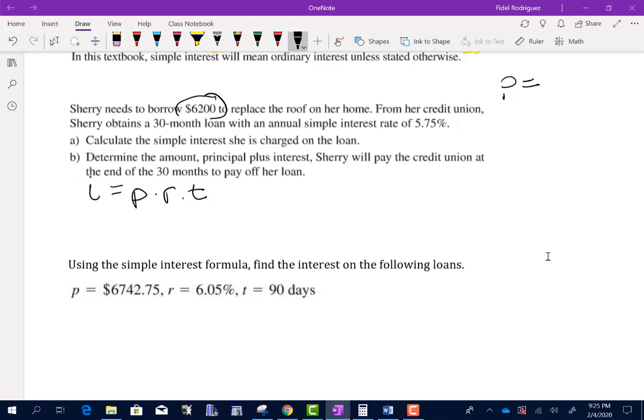In this case, Sherry is borrowing $6,200. Her interest rate is 5.75% as a decimal. I'm moving my decimal 2 spaces to the left, so 0.0575. My T here is 30 months.